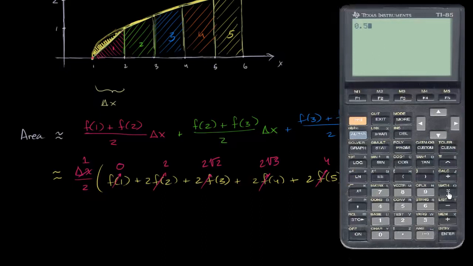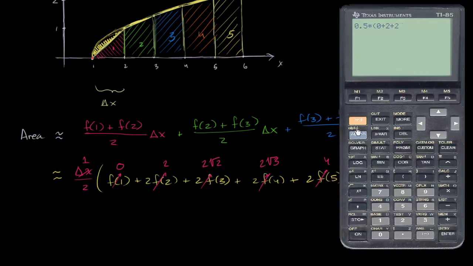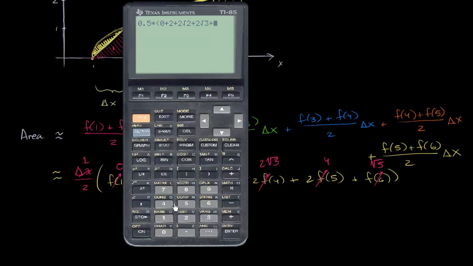So 0.5 times, open parentheses, 0 plus 2 times the square root of 2 plus 2 times the square root of 3 plus 4, I'm almost done, plus the square root of 5. Now we are ready for our drum roll, it gives me, and I'll just round it, 7.26.